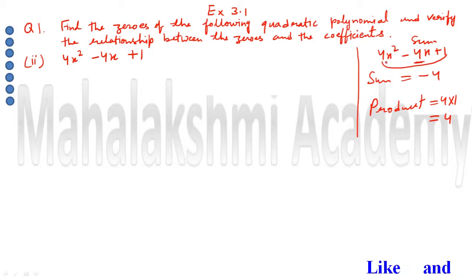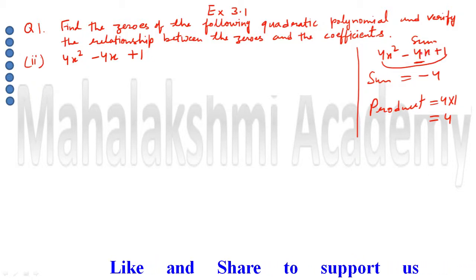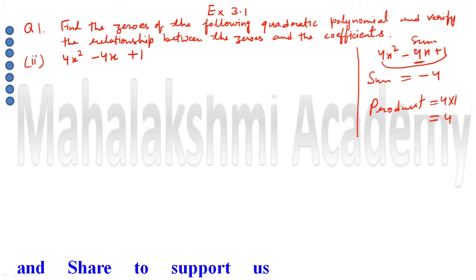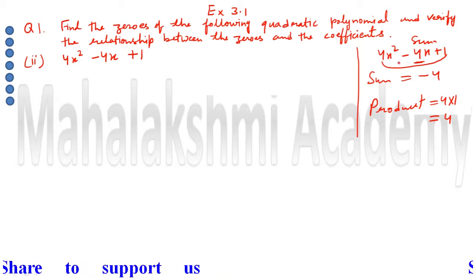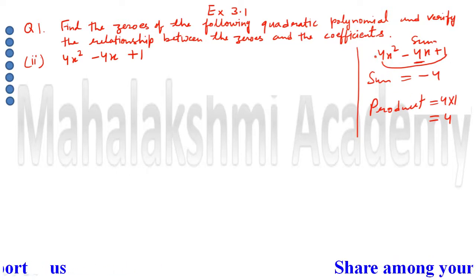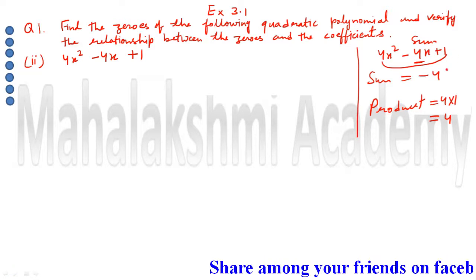First we have to write down the polynomial and arrange the terms in decreasing order of their power. After arranging, the middle term's coefficient is named as the sum and the product of extremes is named as the product. Extreme means ending terms. So the ending terms are 4 and 1.